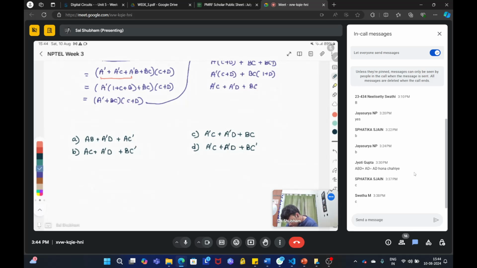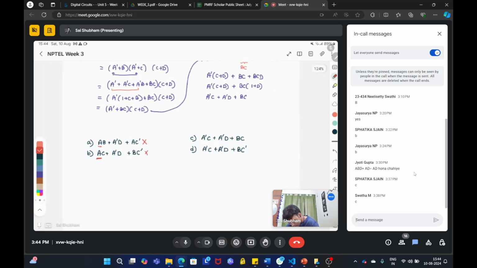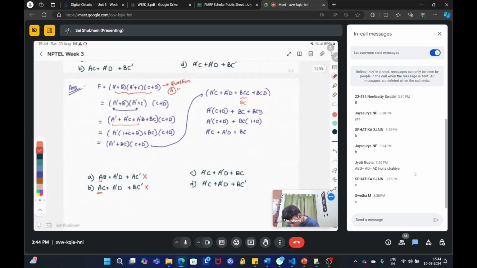So here you can see that this has A option. So this cannot be your answer. Similarly, signal A is also there. This cannot be the answer. Now there is no signal C bar as well. But as you can see here in the answer, there is C bar signal. So this is not also possible. So the only answer that remains is this. So in this question, you do not even need to solve this. You can look at the question and know the answer.